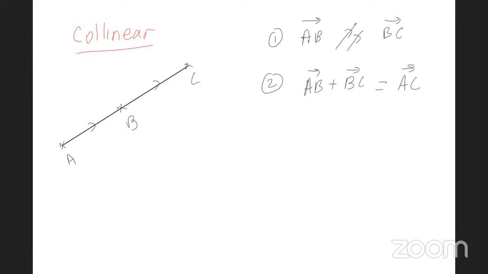You have to add up AB and BC and show it is equal to AC. And the second thing is to show that AB is parallel to BC. That's okay? We have to show both things to show that something is collinear. All right, so let's take a look at how to do that. Let's take a look at an example. I will do the first example for you.